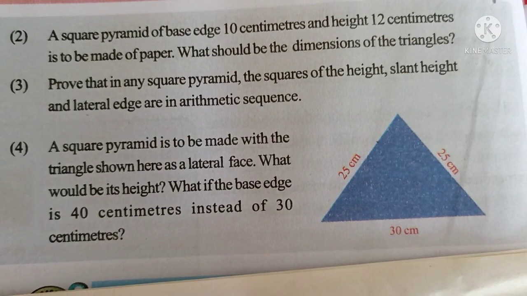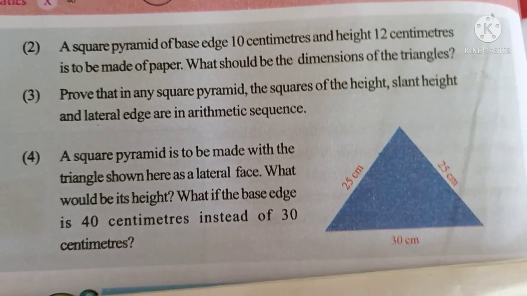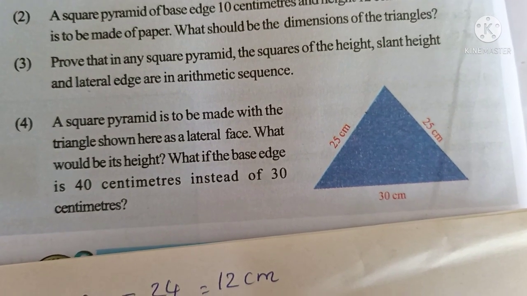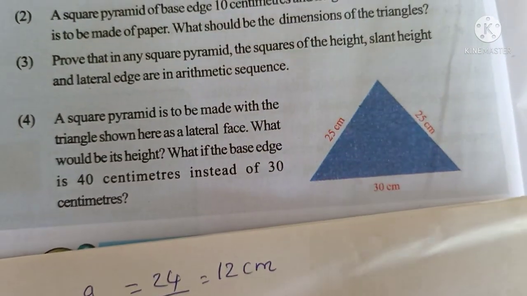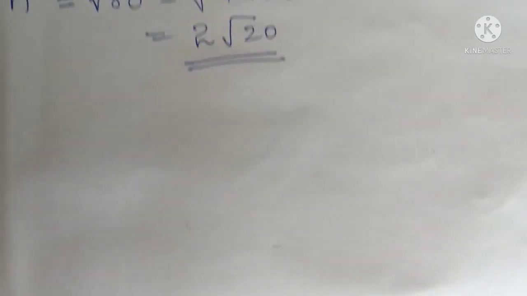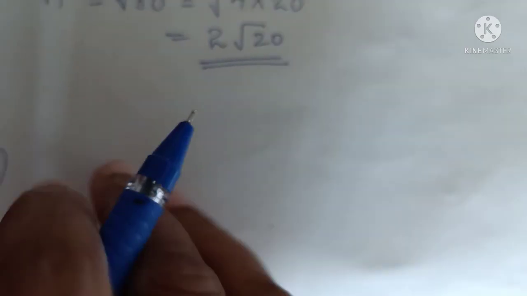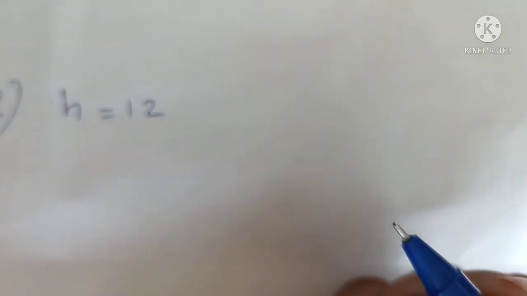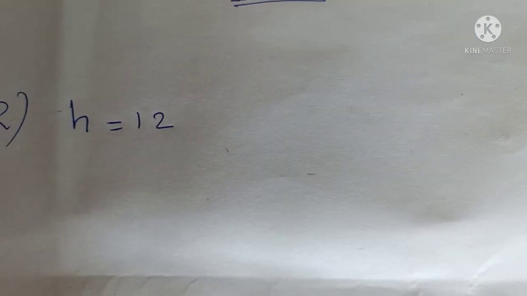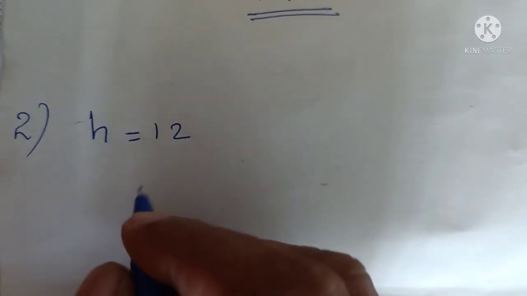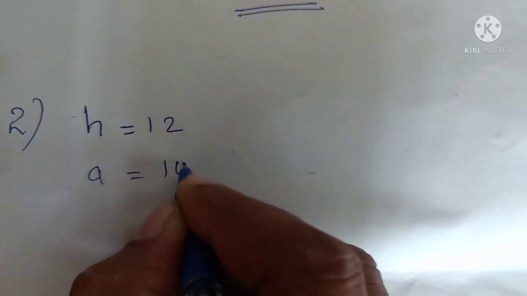That means now we need the slant height. The dimensions of the triangle mean the slant height, which is the height of the triangle, and its base is equal to the base of the pyramid. Here h is equal to 12 and base edge a is equal to 10.